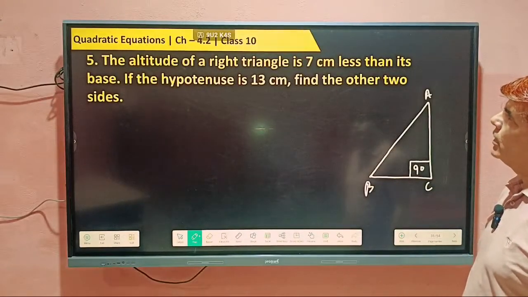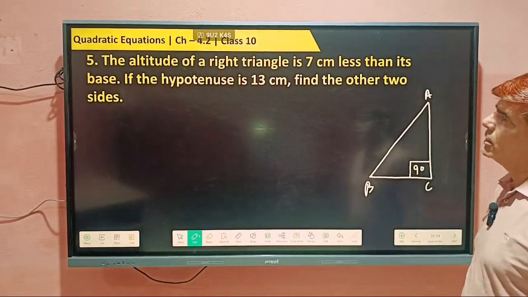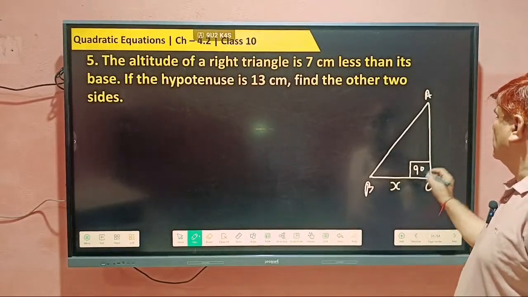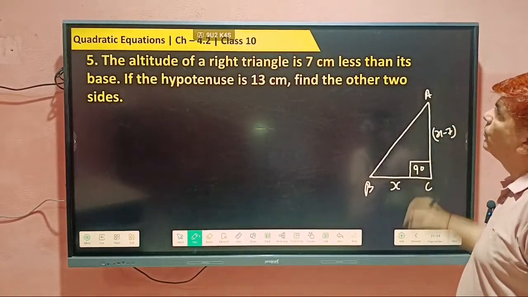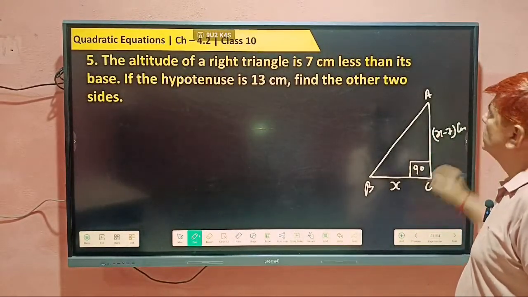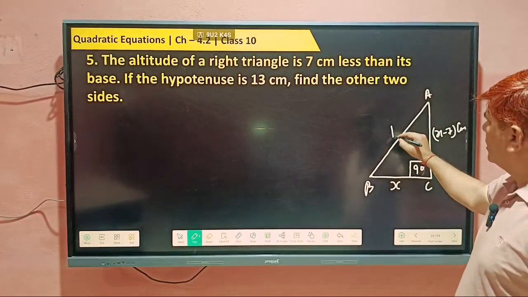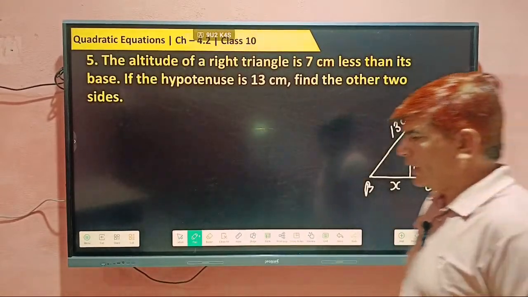The altitude of the right triangle is 7 centimeters less than its base. If the base is x, then this is x minus 7 centimeters. And the hypotenuse is 13 centimeters, given.